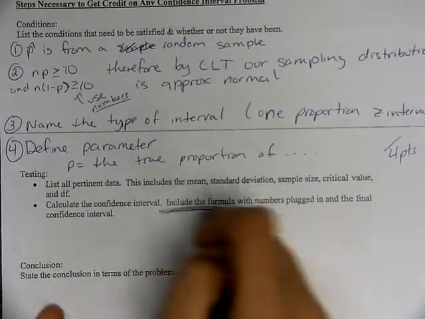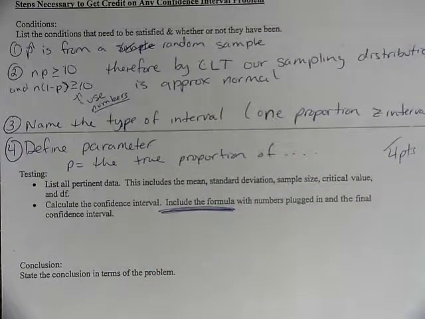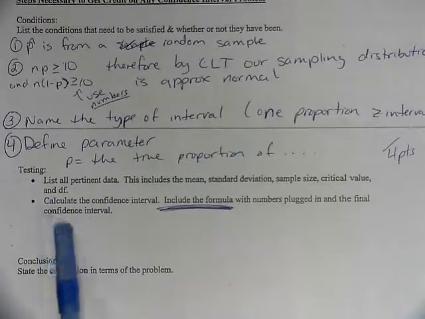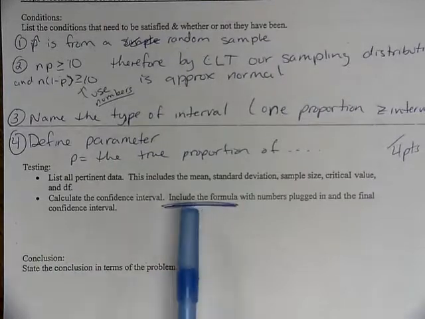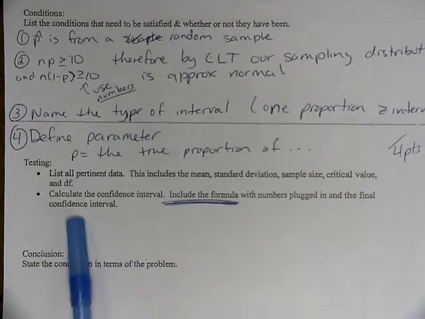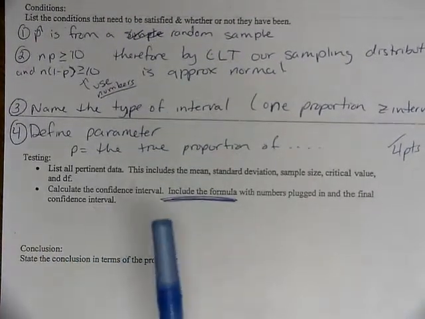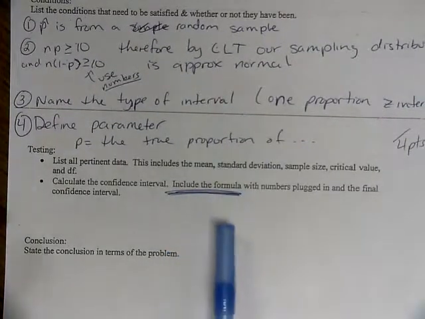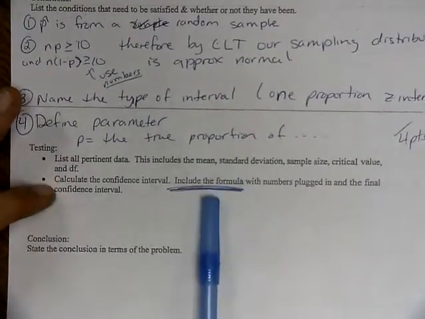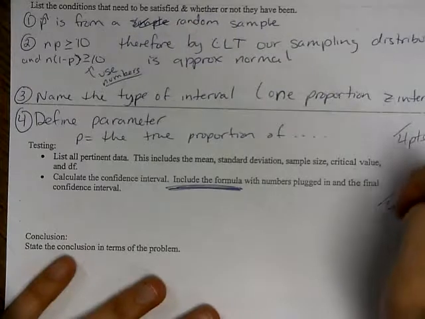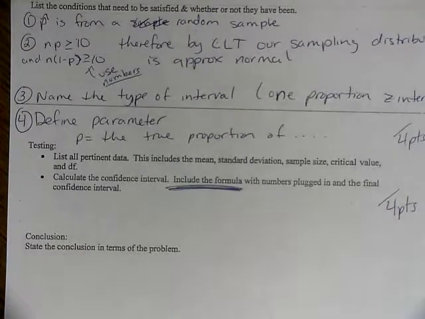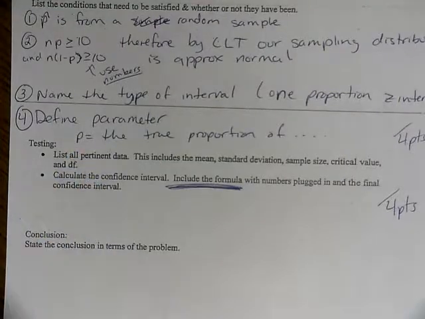You have to include the formula with numbers plugged in and the final confidence interval. It's fine to do the final in your calculator, but you have to include the formula. If you just give me the interval without the formula, you will lose points because on the AP test, you have to have both. So this is usually 4 points.